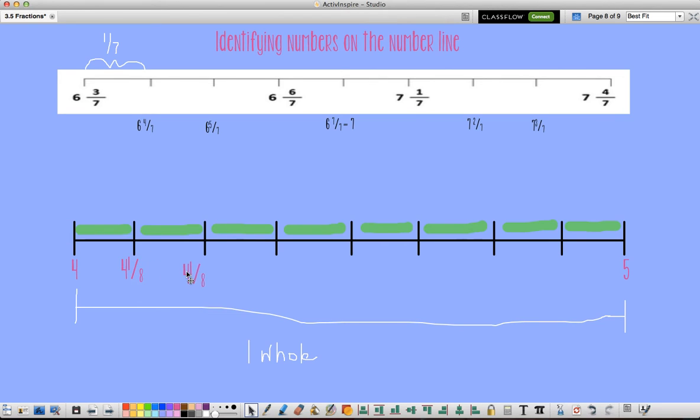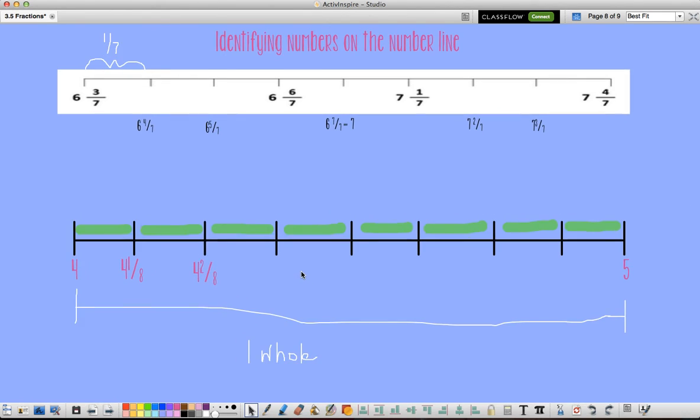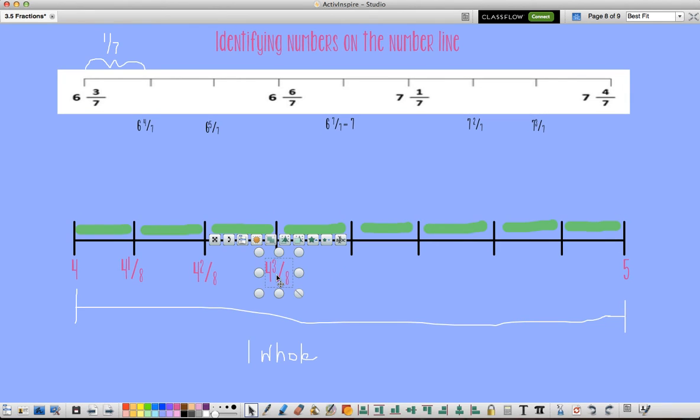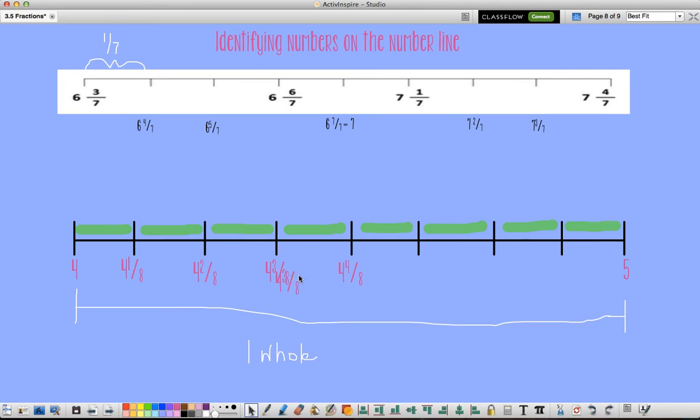Or the next one would be that I have 4 whole pizzas and then 2 out of the 8 slices. And then the next one would be 3 out of 8 slices, so 4 3/8. And then my next one would be 4 4/8, which we know is 4 1/2.